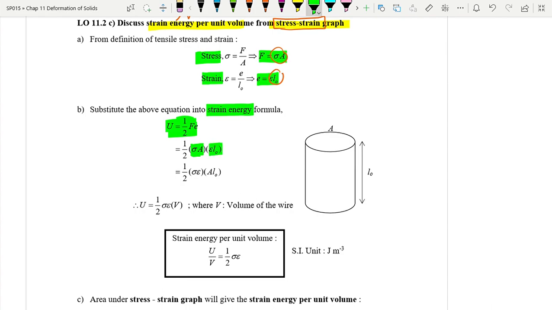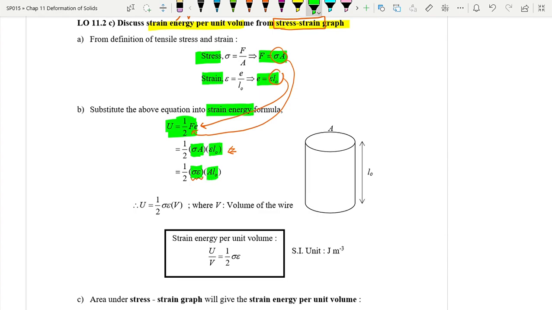Okay, so kita just masukkan je term ataupun equation yang kita derive daripada atas ni ke dalam ini. So kita akan dapat step ini. Okay, so kita rearrange balik. So kita letak stress dengan strain di sebelah menyebelah, dan cross sectional area dengan length tu pun sebelah menyebelah.